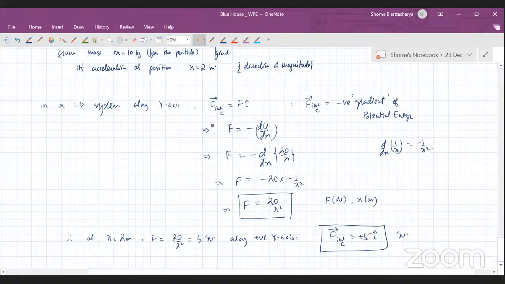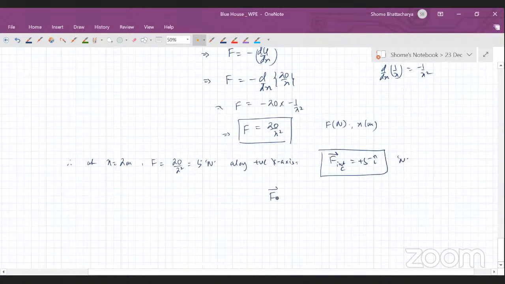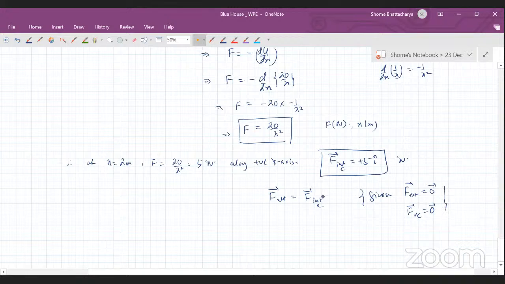And now we know that the net force acting on the body is equal to the internal conservative force, because it was given that external force is absent, non-conservative force is absent. There's only one kind of force acting, which is the internal conservative force. So the net force acting on the body is 5 i cap in newtons. Therefore, the acceleration is the net force divided by mass.